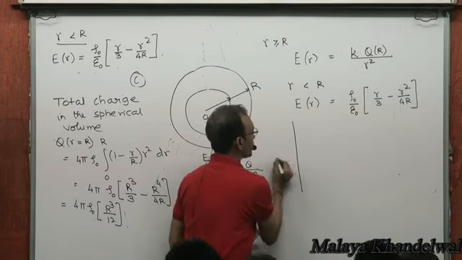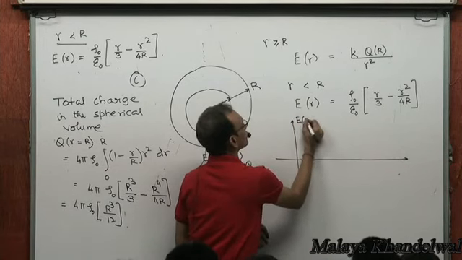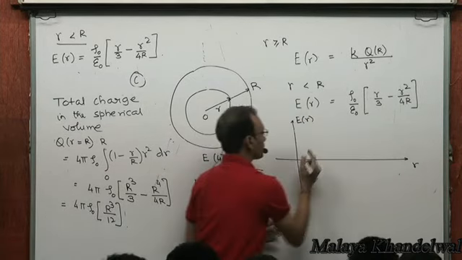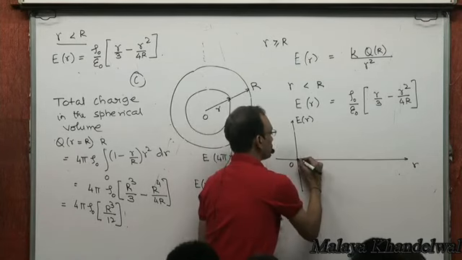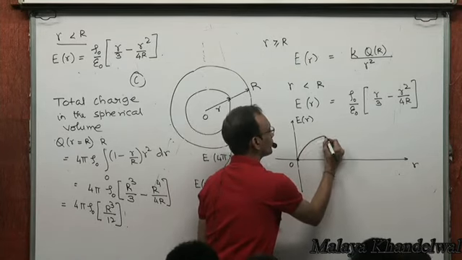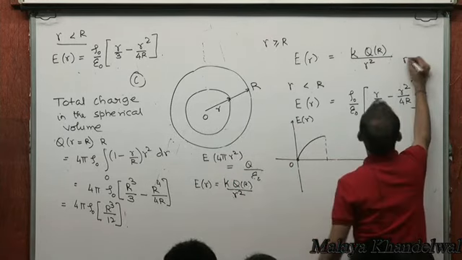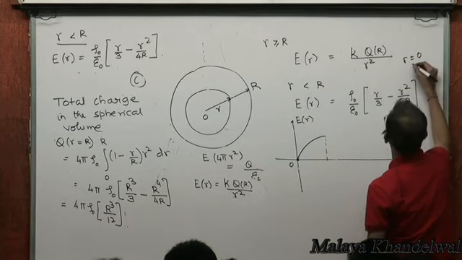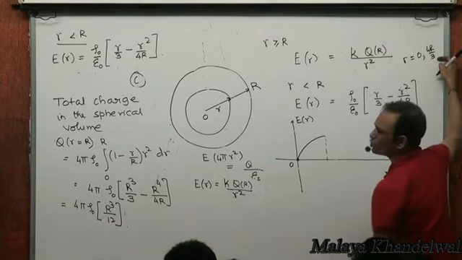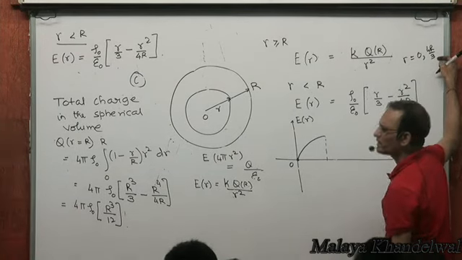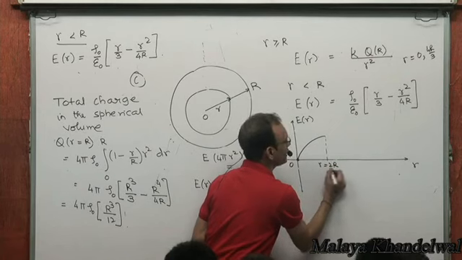So electric field at r equal to 0, and then it's a downward opening parabola. This parabola has roots 0 and 4R by 3. Halfway down it's going to be 2R by 3, right? So E becomes a maximum at r equal to 2R by 3.